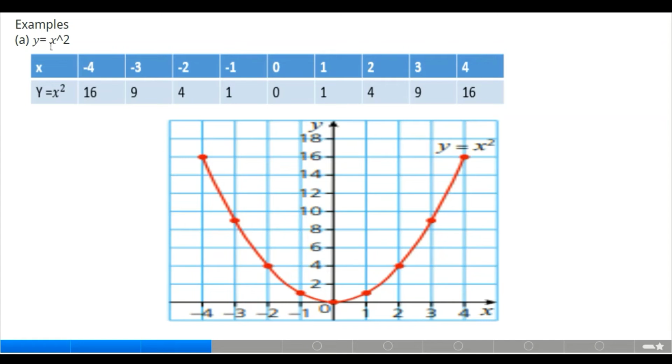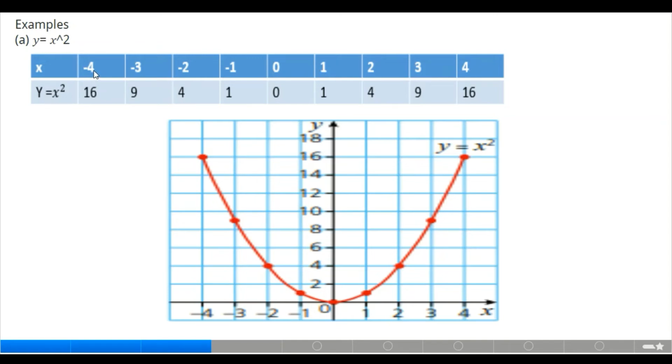This is how we have to prepare our table. Assuming that we have such an example, we prepare a table with a column for x and a column for y. For this example, we have x ranging from minus 4 to plus 4: minus 3, minus 2, minus 1, 0, 1, 2, 3, to 4. That's the value for our x.